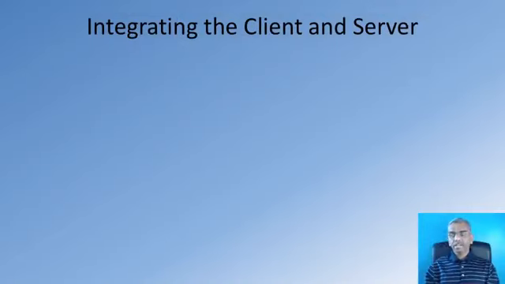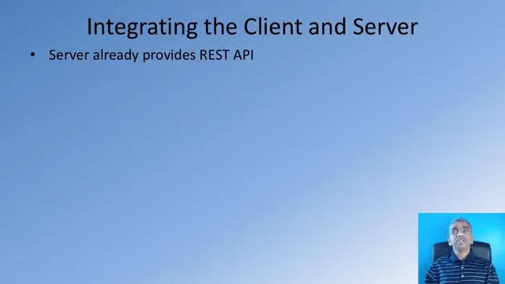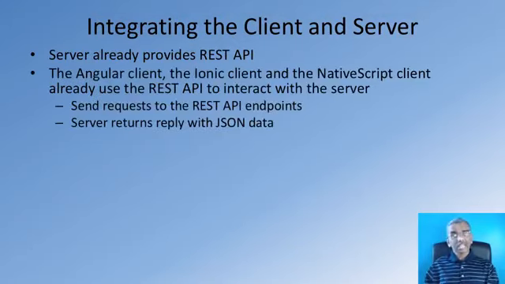To integrate the client and the server, as we have realized, our server is already implemented to support the full-fledged REST API. And from our client side, whether it is the Angular client, the Ionic client, or the NativeScript client, they all interact with the server using the REST API endpoints.